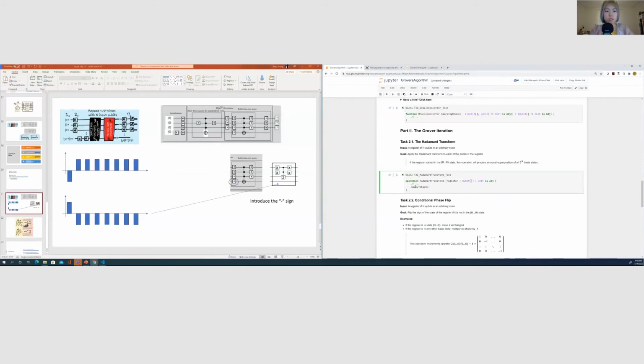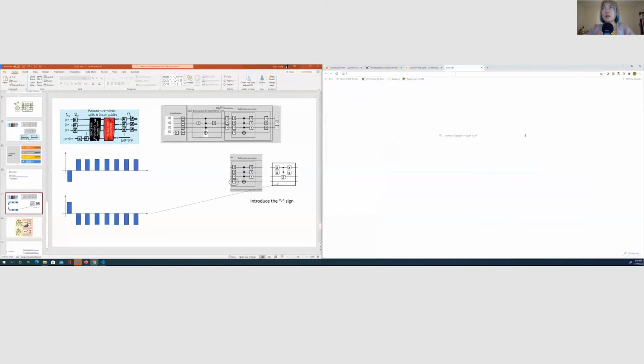And you can just apply the H gate to the register. But here it's asking for an adjoint. We also have a very convenient way to do that. You can just put A for adjoint. We also have a controlled type. So if the question asks us to build controlled, we would put the C there.